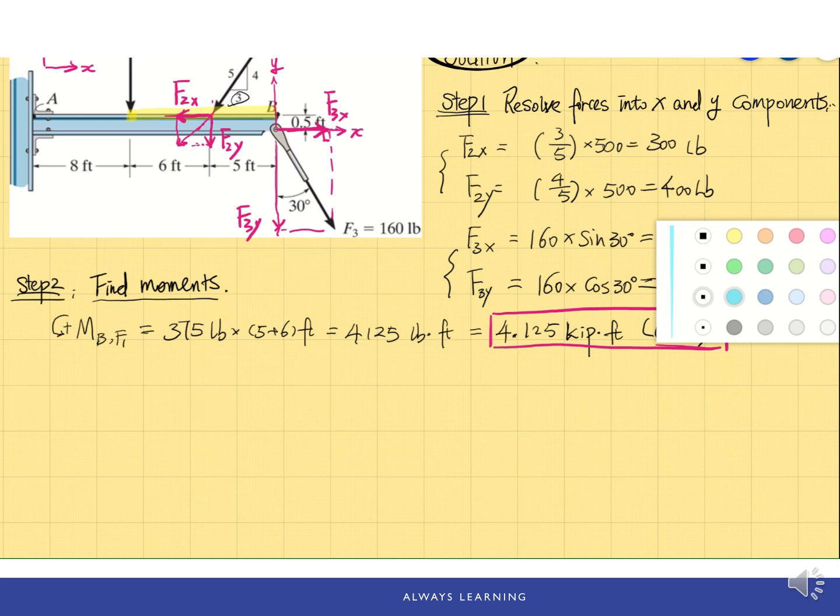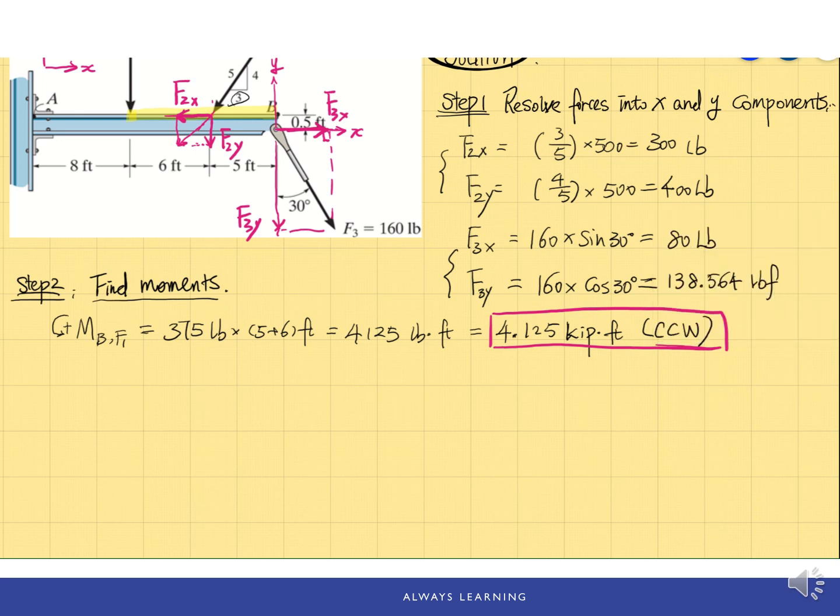And now take a look at force F2. So we have F2x and F2y. We will treat them separately. So for F2x, this line of action of F2x passes through point B. In other words, point B is on the line of action of this force. Therefore, the moment of this force F2x will be 0. So there's only one component left.